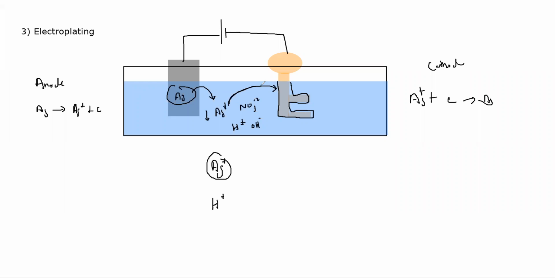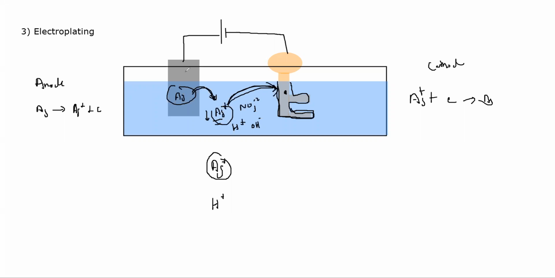As the silver ion moves towards the cathode, it will take electrons from the cathode, stick to the surface of the key and deposit on the surface. So this will have a silver layer. Now, as the silver ions are moving towards the cathode, the amount of silver ion in the solution decreases. To overcome this, the silver atom from the anode will go inside the solution as a silver ion.